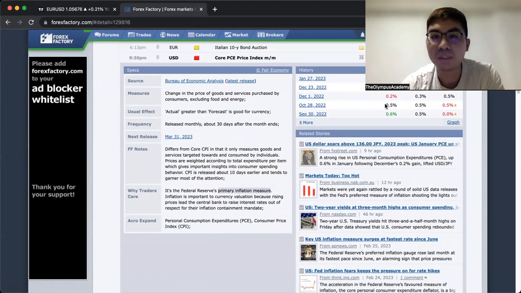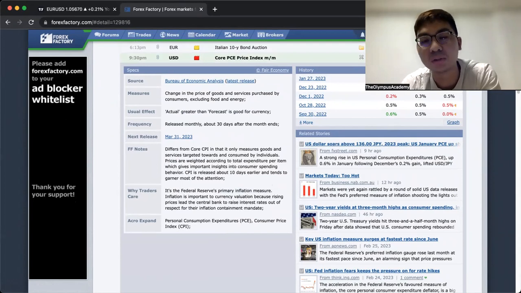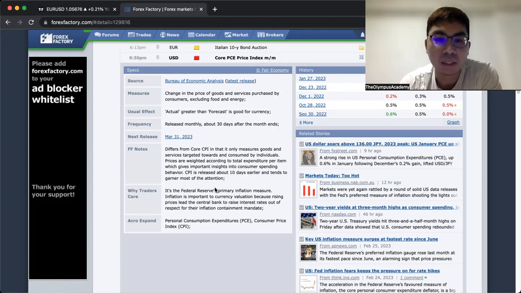With the core PCE price index yielding better results, 0.6% versus previous 0.4%, actual 0.4%, it states that inflation is increasing. With inflation increasing, we're likely to see the central bank raise interest rates. So this could cause the dollar to continue to strengthen in the long run.